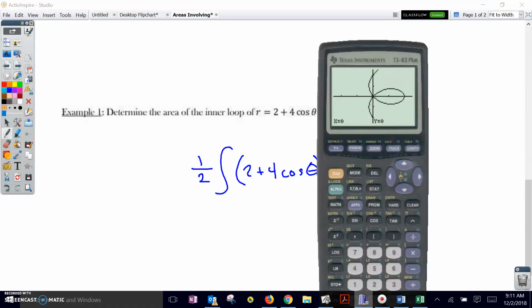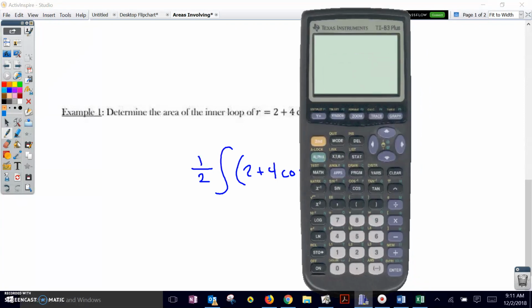And in order to find that, I'm going to trace my way around the curve and see where this loop starts. I'm going to zoom back out.